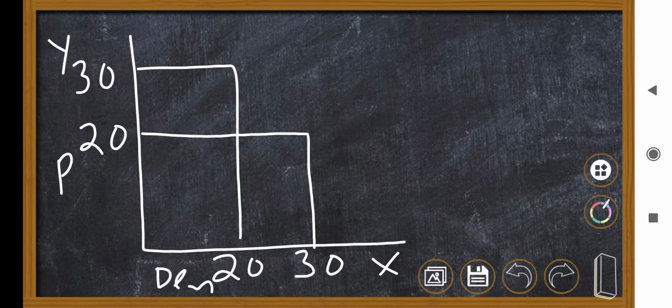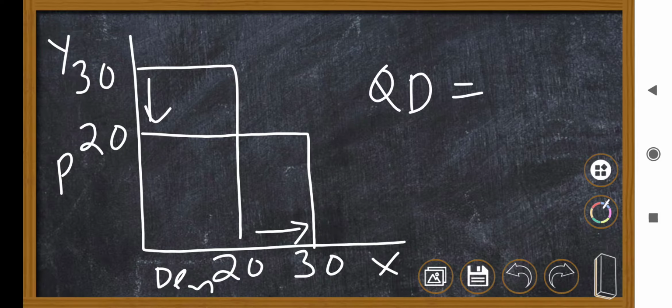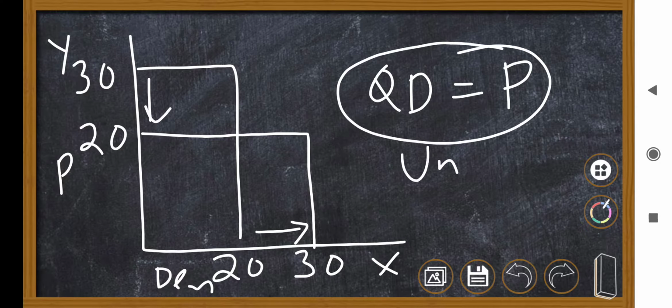Here the price of the commodity decreases from 30 to 20, which leads to an increase in the quantity demanded from 20 to 30. So here proportionate change in the quantity demanded equals the proportionate change in price. So this is the situation of the unity elastic demand.